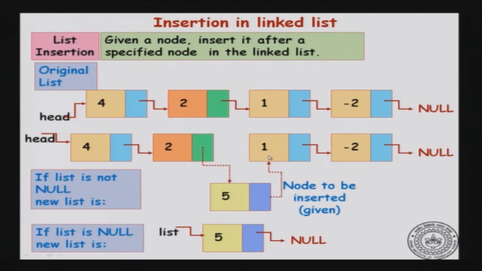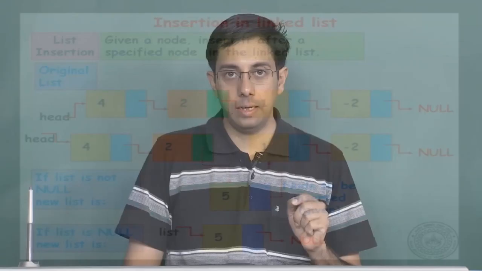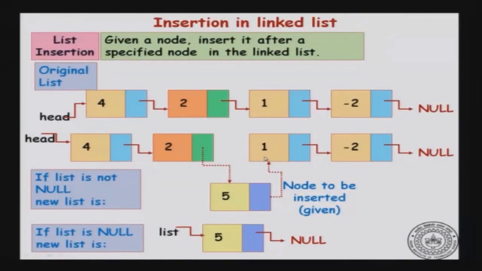Think about this as a link in a chain. So, you need to disconnect this link, say that 2 is now connected to 5 and 5 is then connected to 1. Now, the only thing to be noted is that the links have to be detached in a particular sequence. First I need to say that 5's next is 1 and then I need to say that 2's next is 5.